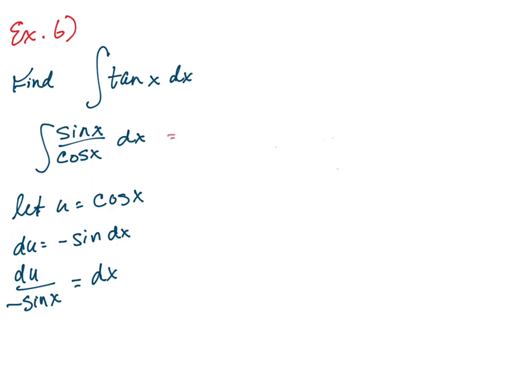We're going to have equals the integral of sine x over u times, and instead of dx, we're having du over negative sine x. You'll see where this is going? Cancel sine x.